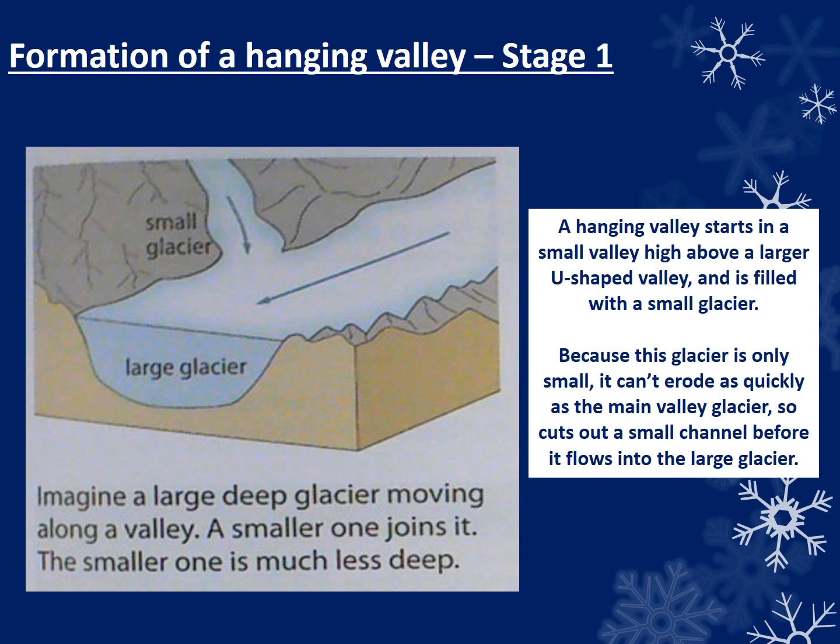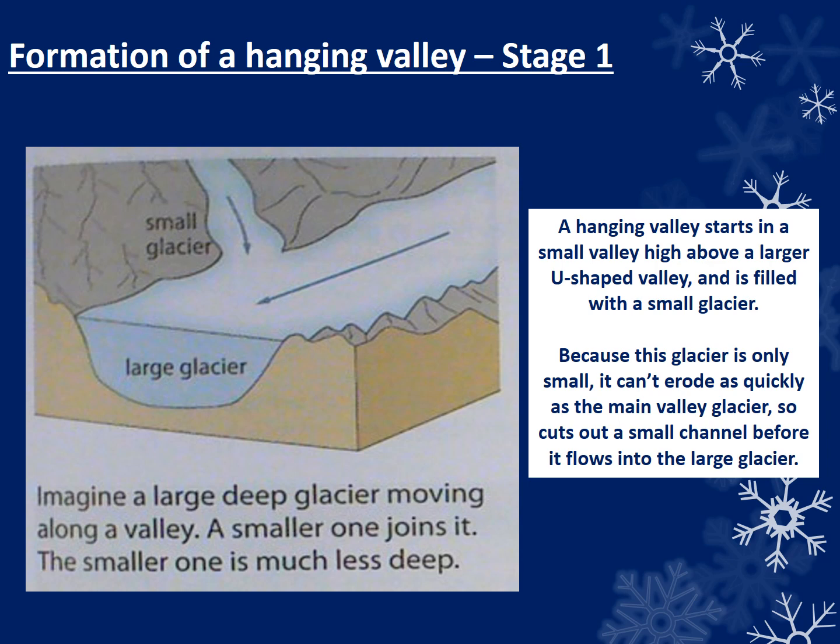Okay, so a hanging valley is one of the more complicated features to explain, but they're not too complicated. You have to imagine that you have got your main U-shaped valley that we were talking about in our last lesson, that big, wide, flat-bottomed valley which has been carved out by a massive glacier.